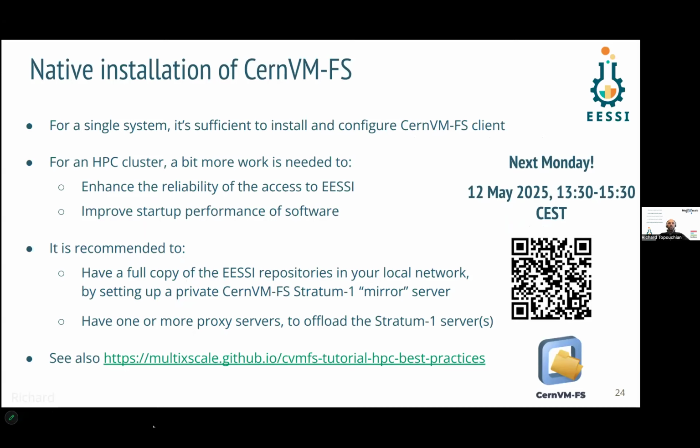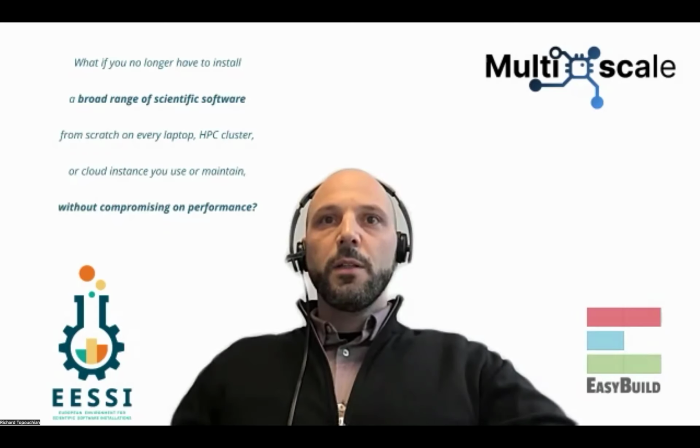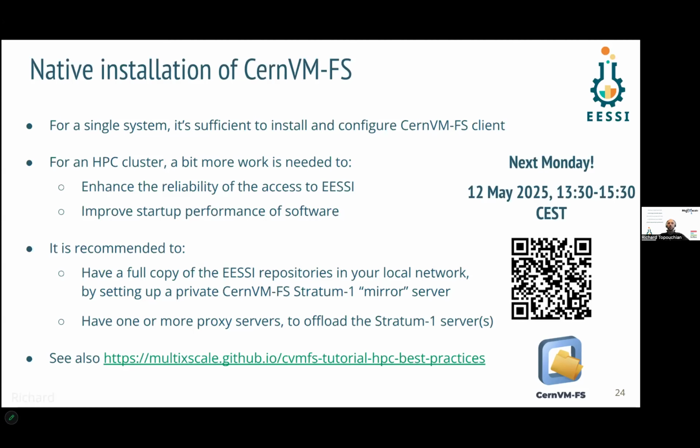For a single system, a native installation and configuration of the CernVM-FS client is typically sufficient to access EESSI. However, for a set of local clients on an HPC cluster or set of workstations where greater reliability and improved software startup performance are critical, this basic setup may not be enough.